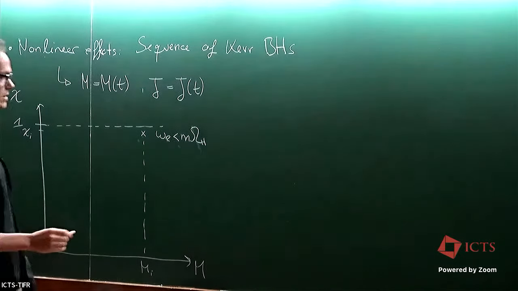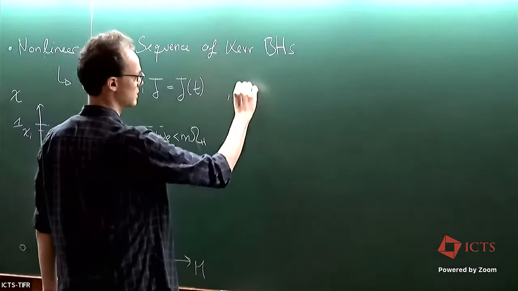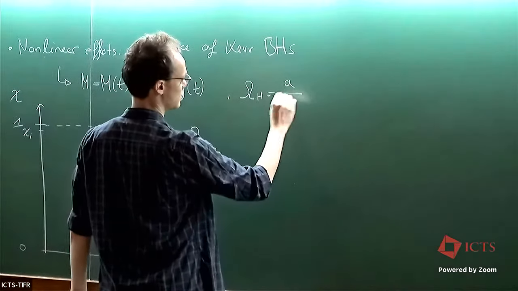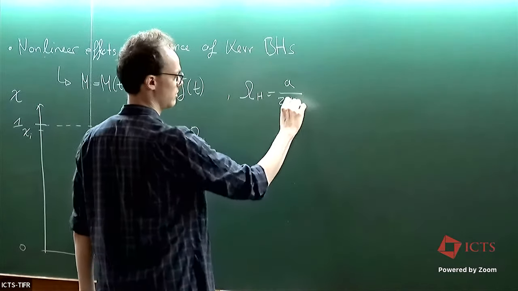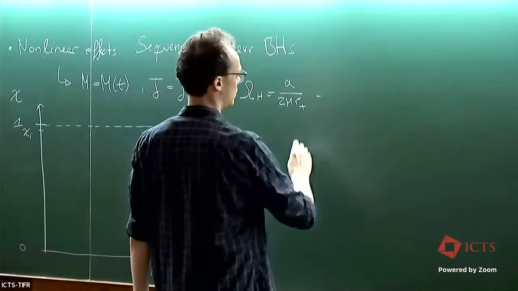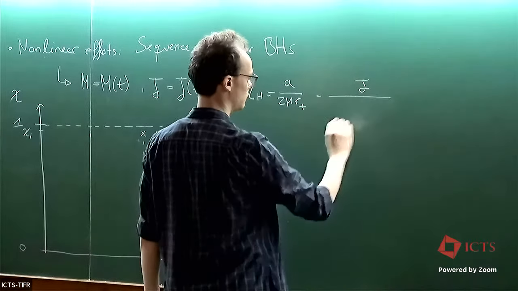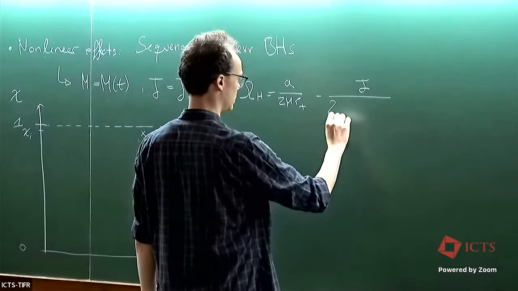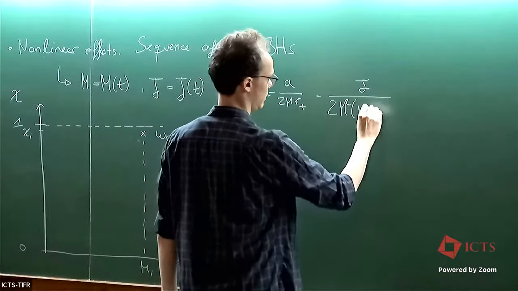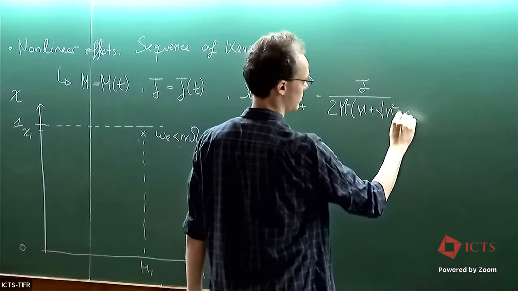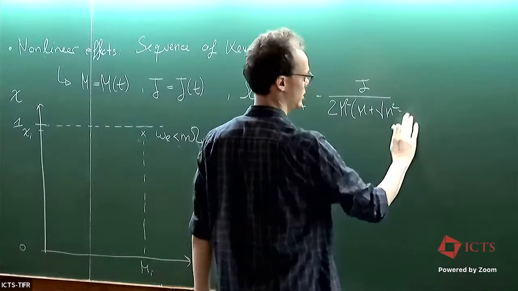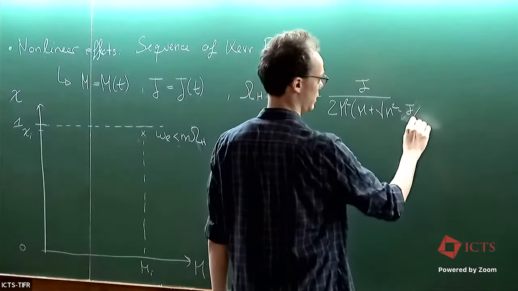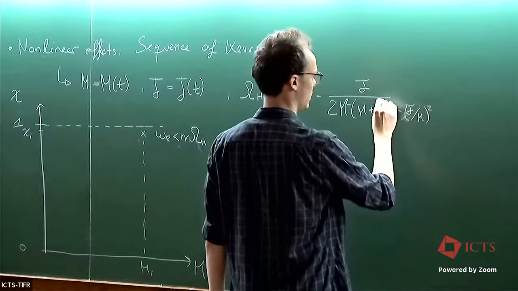So just as a reminder, the horizon frequency is a over 2M r plus, or equivalently J over 2M squared times M plus root M squared minus a squared, or better, J over M squared.